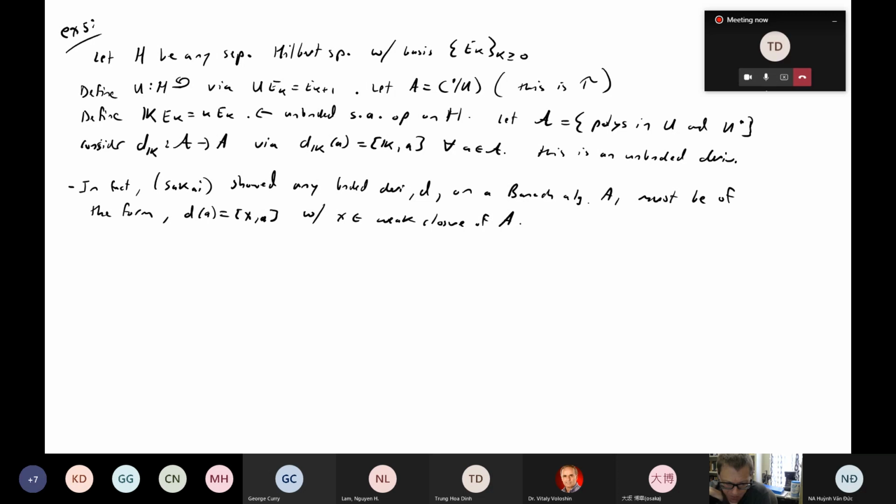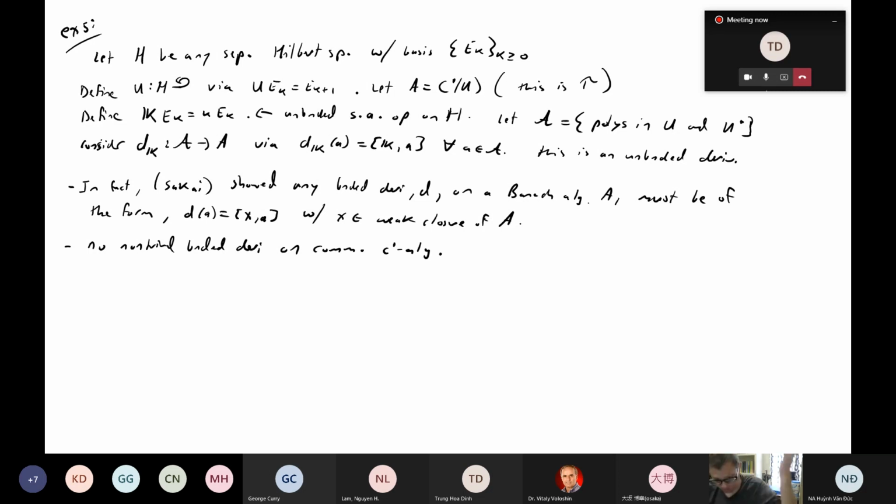So in commutative C-star algebras, there are no non-trivial bounded derivations, because the commutator would be 0. In all classical or commutative C-star algebras, there are no non-trivial bounded derivations.